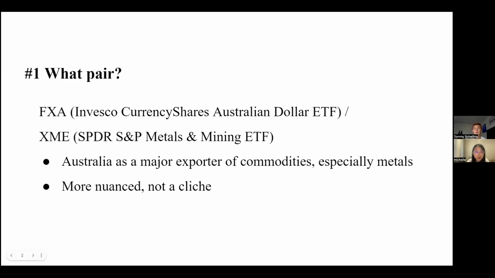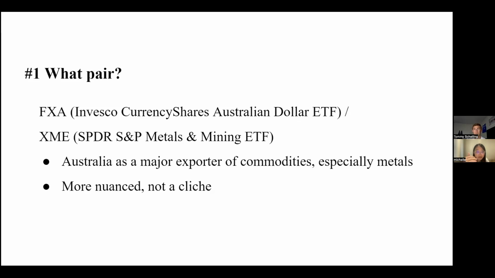So we ended up picking FXA and XME. As we know, Australia is a significant global exporter of commodities, especially in metals. And when the prices of metals rise, the value of Australians' exports increases.